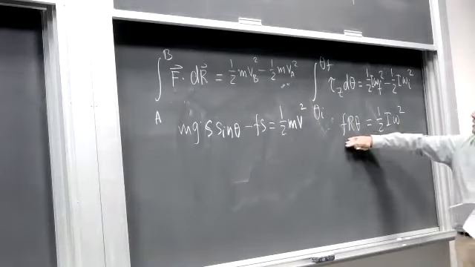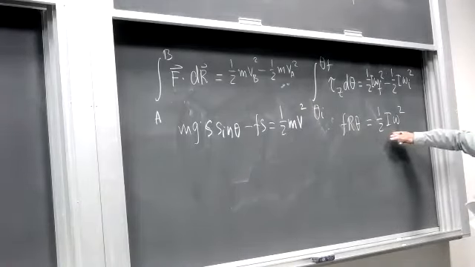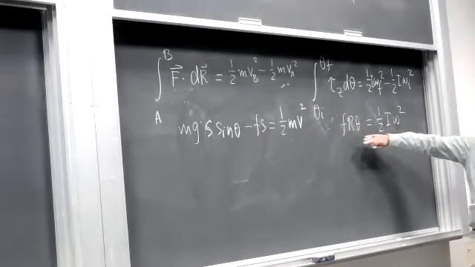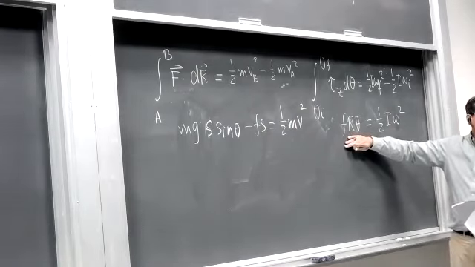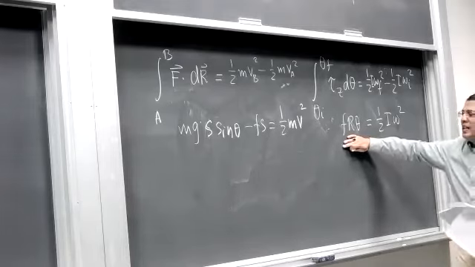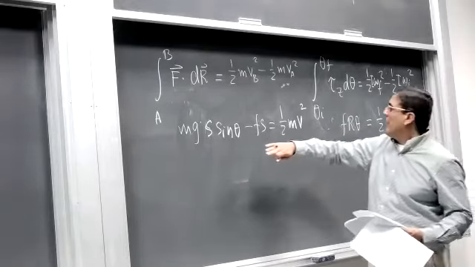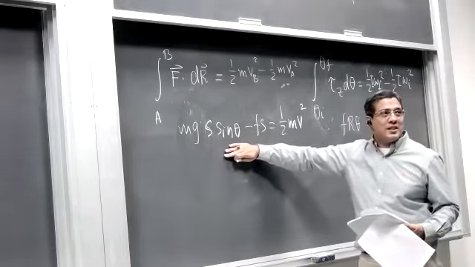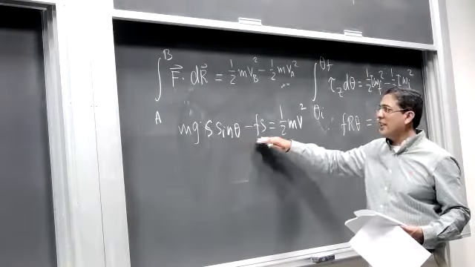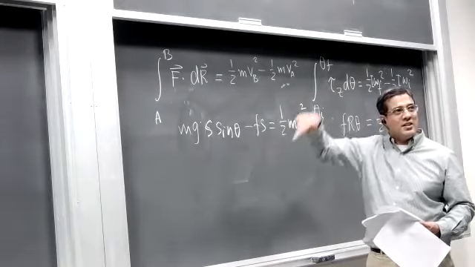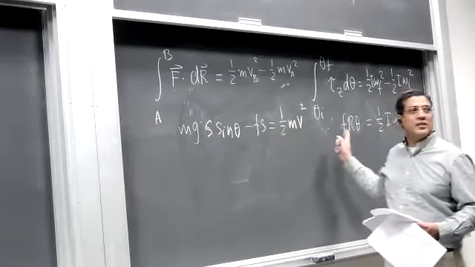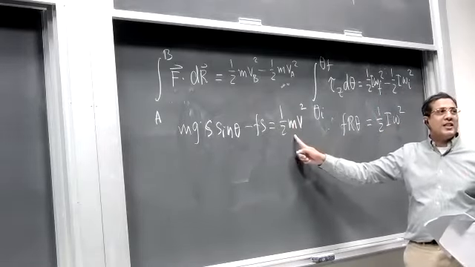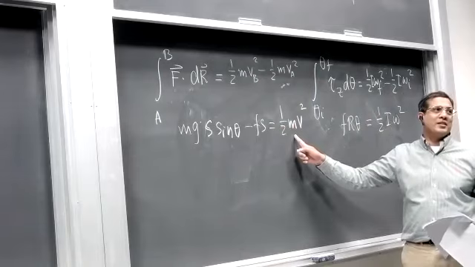So this is the work done and is equal to change in rotational kinetic energy, work done by the torque due to the force of friction. And this is work done by the resultant force after subtracting the friction, on the center of mass. And that is equal to the change in kinetic energy of the center of mass.